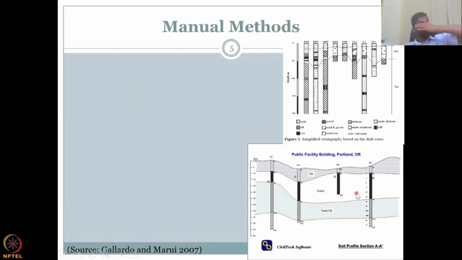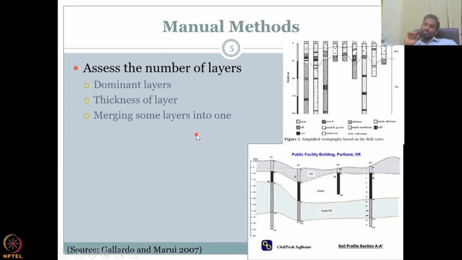Okay. So let's see how manually you do the joining of these layers. So how is it done manually? Assess the number of layers per core. So each core you take, or litholog or bore log, and then you take the dominant layers. You understand how many dominant layers by the sample and other things. You then estimate the thickness of each layer.